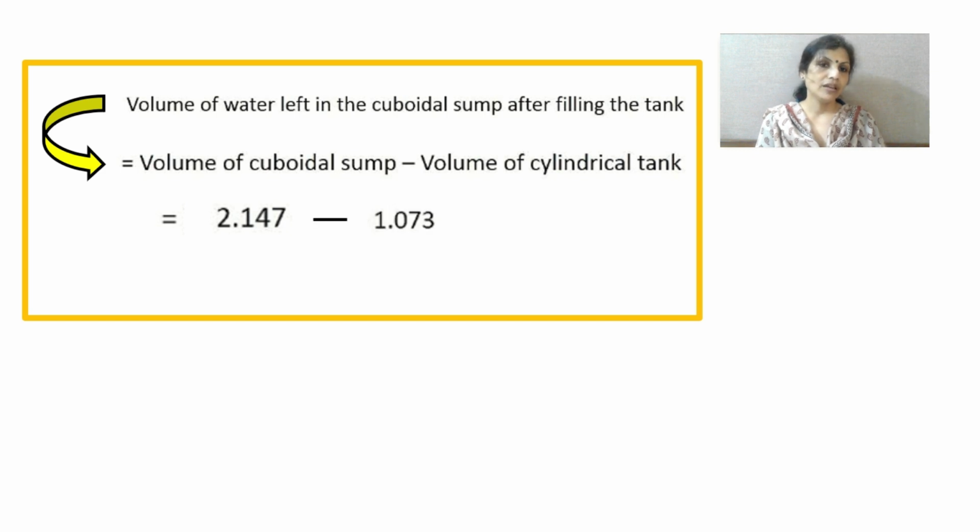If you subtract this, your answer is 1.073 meter cube. So the volume of the water left will be 1.073 meter cube. Alright, so not very easy, but you have to understand the sum and then keep solving stepwise.